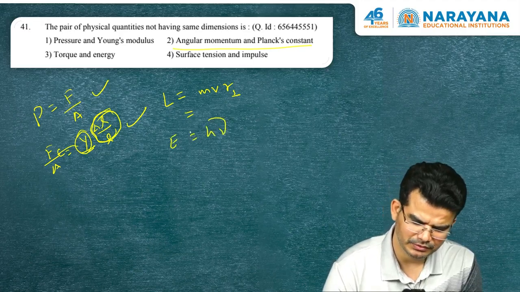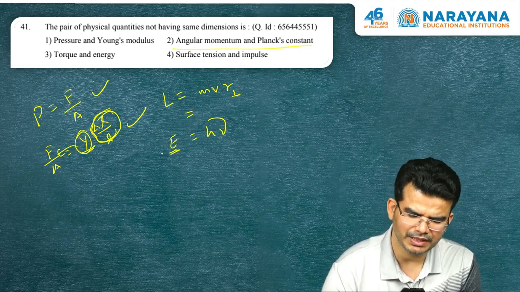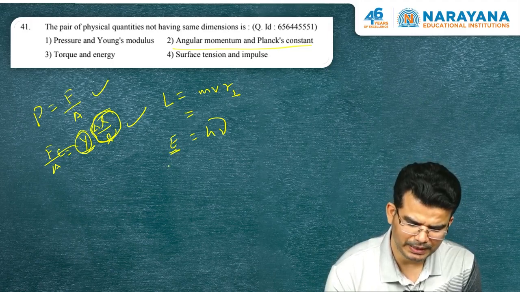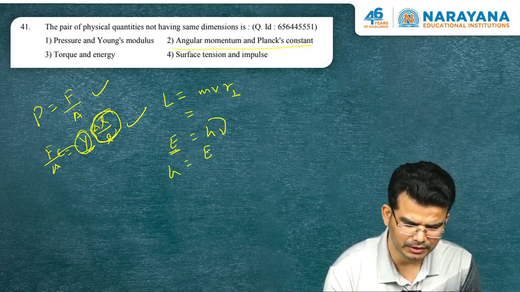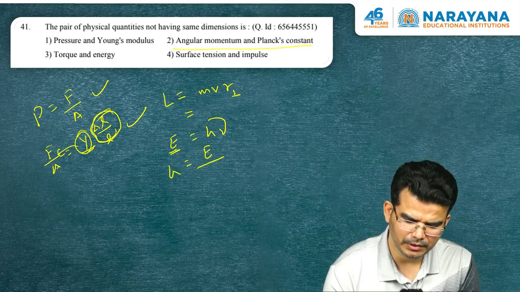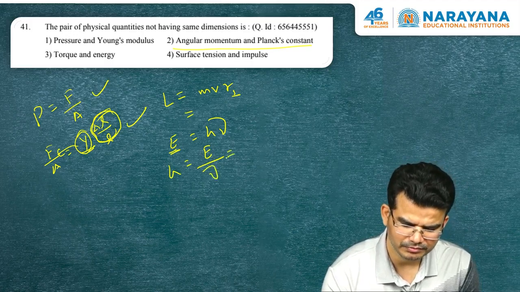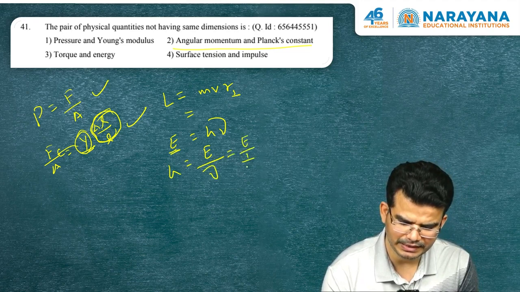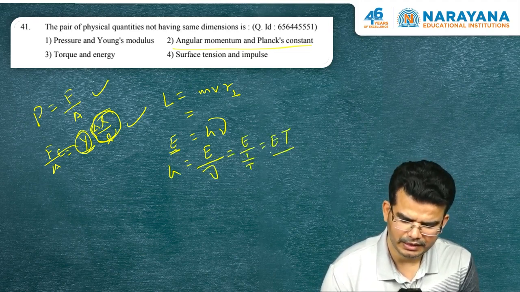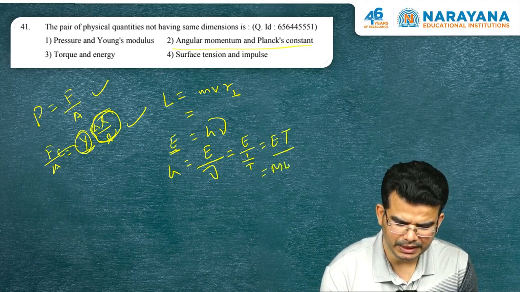E is energy, so Planck's constant is energy upon nu. Nu is 1 by time period, so dimensionally 1 by time. So, it is energy into time. Energy is m L2 t minus 2 and again one more t, so it is m L2 t minus 1.